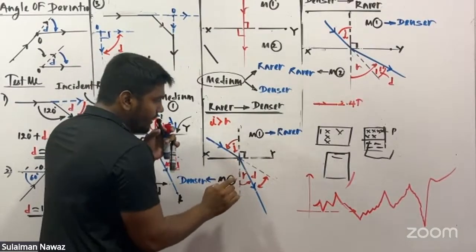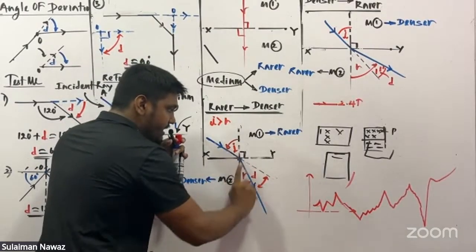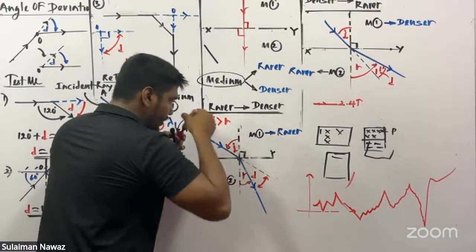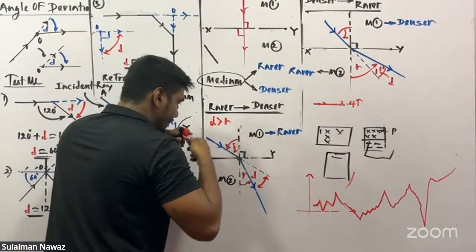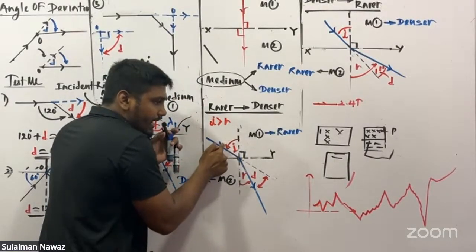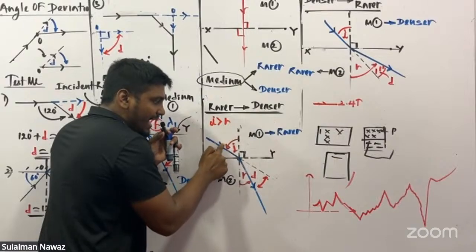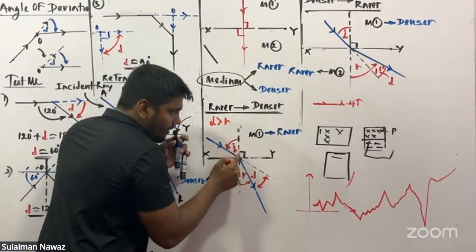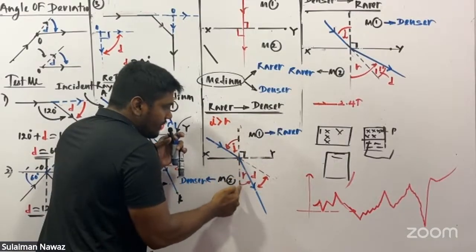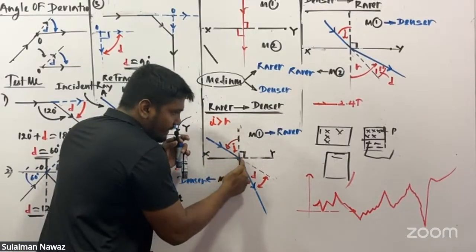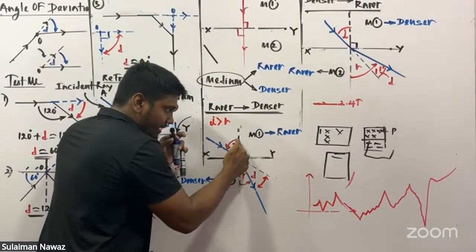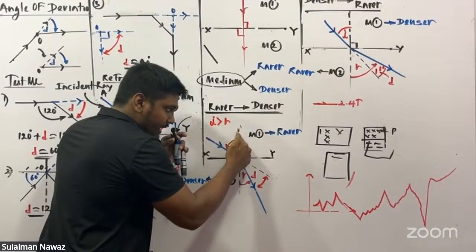Next, tell me the relationship between I, R, and D. Look here. Incident angle is I. What is the vertical opposite angle of this I? The I is in between the normal and the incident path. What is the vertical opposite of this I?